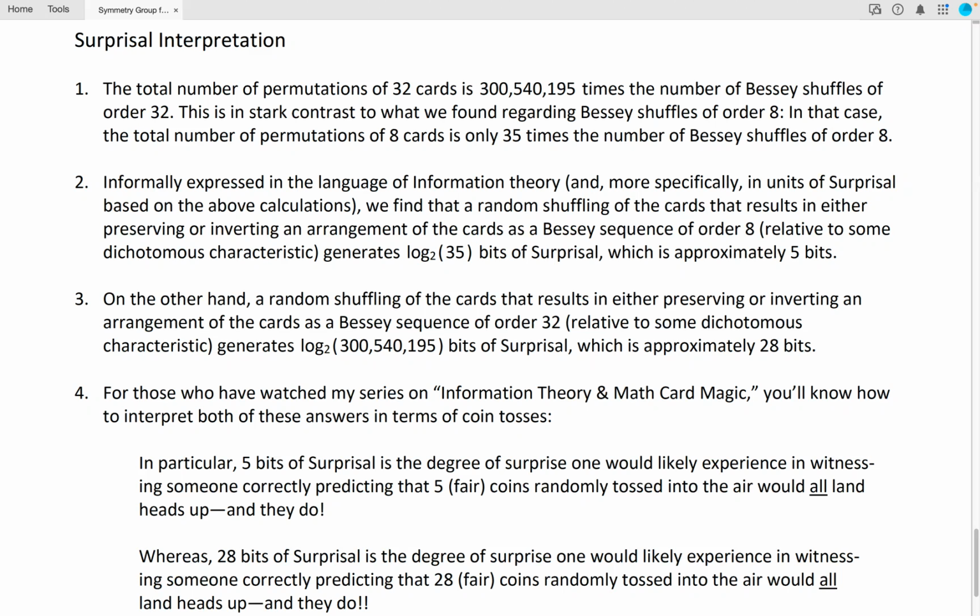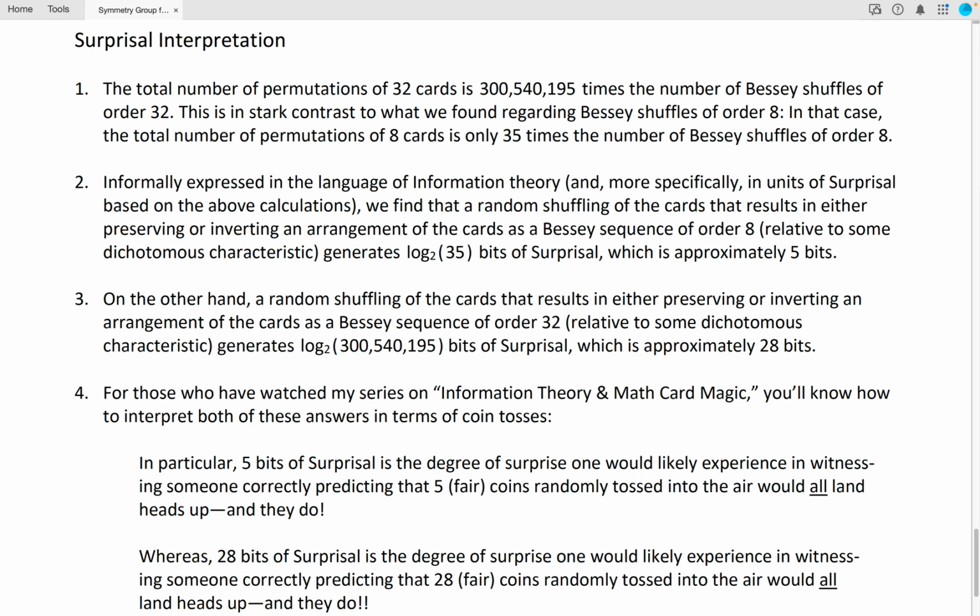Surprisal interpretation. 1. The total number of permutations of 32 cards is 300,540,195 times the number of Bessey shuffles of order 32.